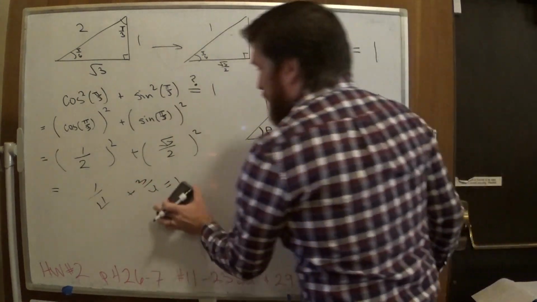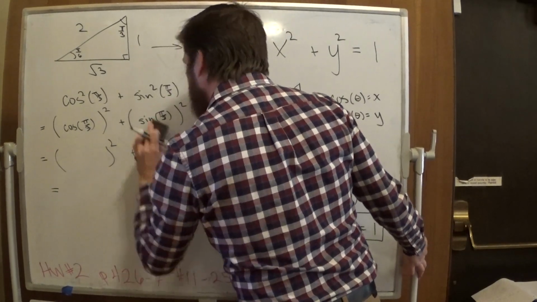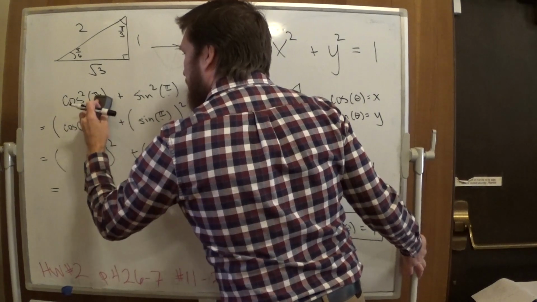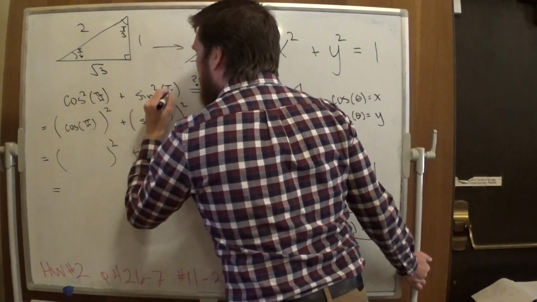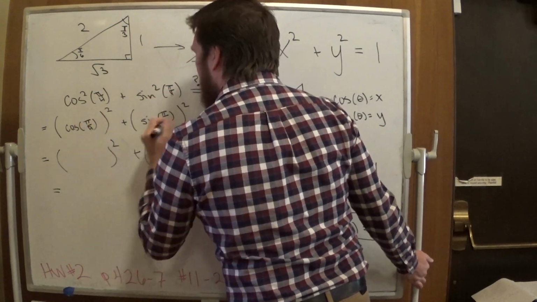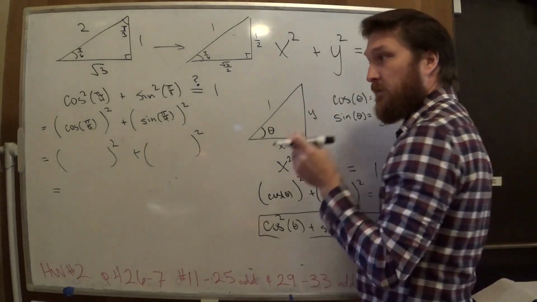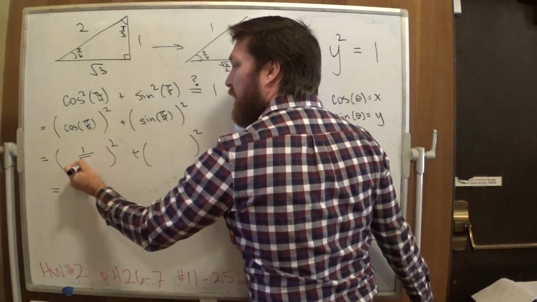Nice. Now I'm not going to draw it up there. But what is it if I do pi over 4? Need a 45, 45, 90 triangle. So cosine is 1 over root 2, right?